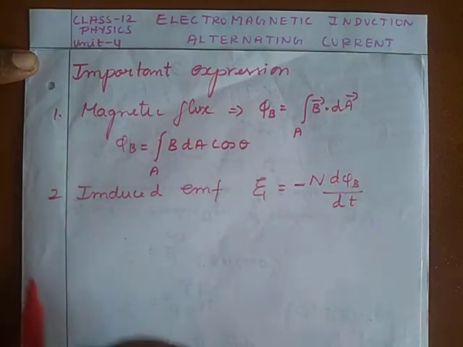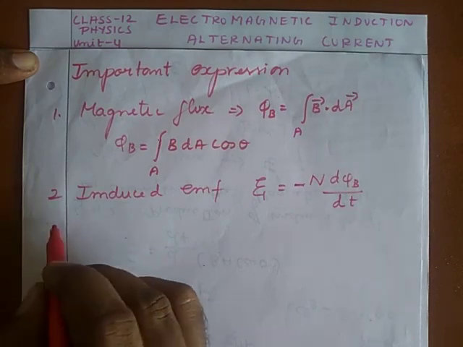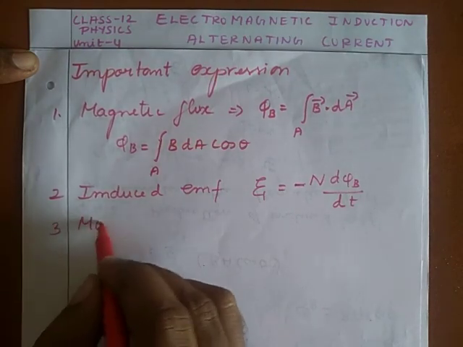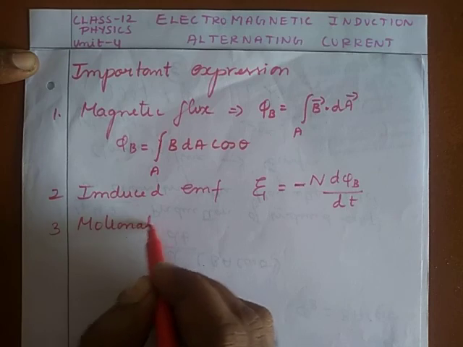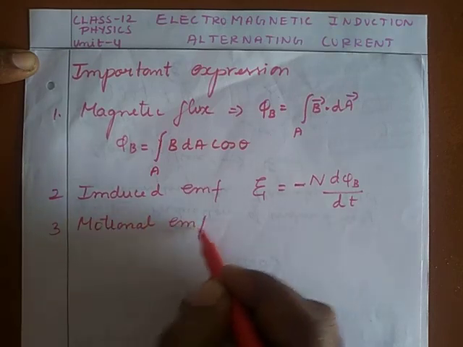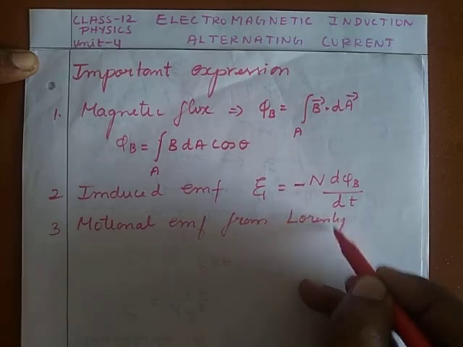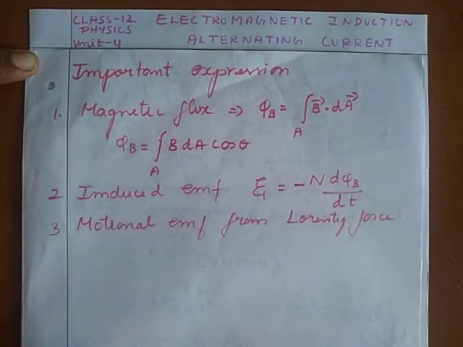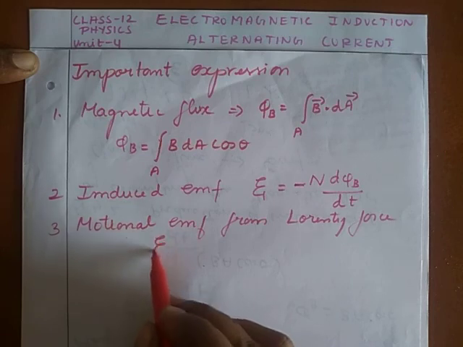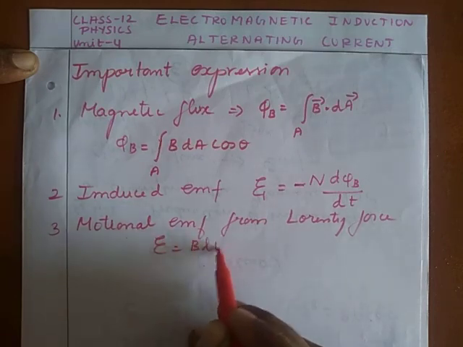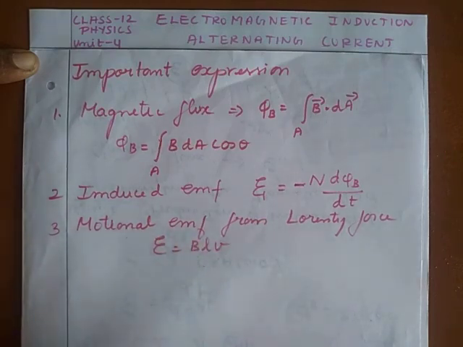Then next, motional EMF from Lorentz force, that is psi is equal to BLV. This is the EMF developed due to the movement.